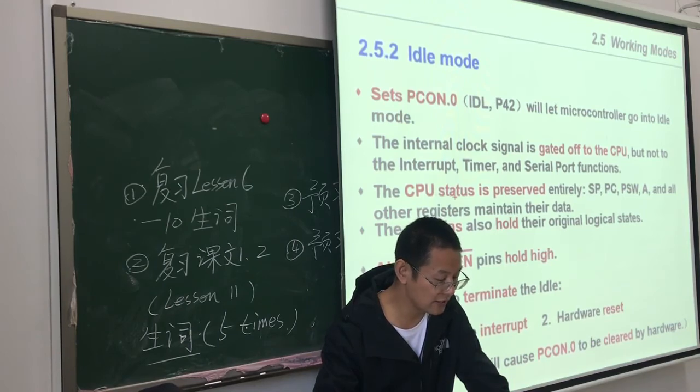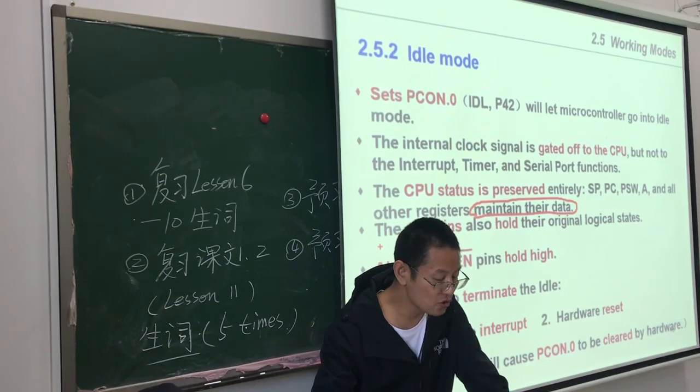The CPU status is preserved entirely. SP, PC, PSW, ACC, and all other registers maintain their data. The port pins also hold their original logical states. ALE and PSEN pins are held high.